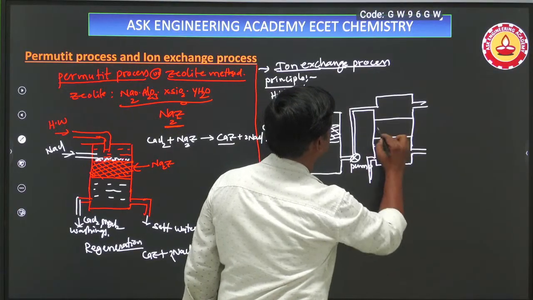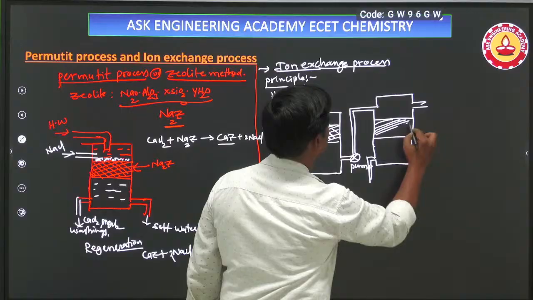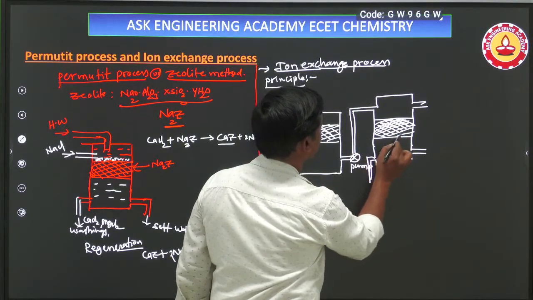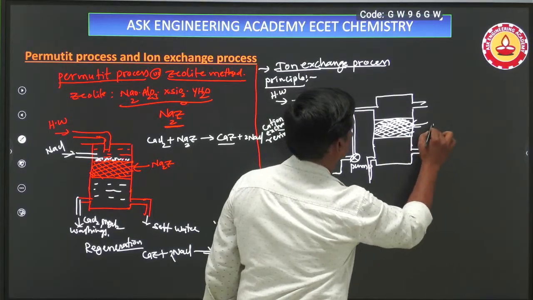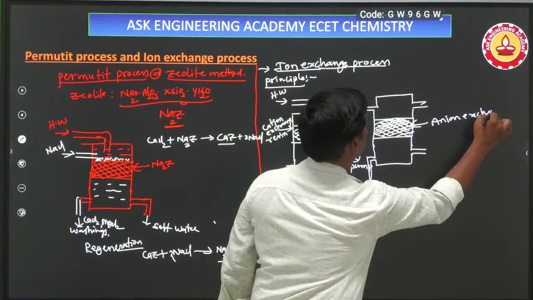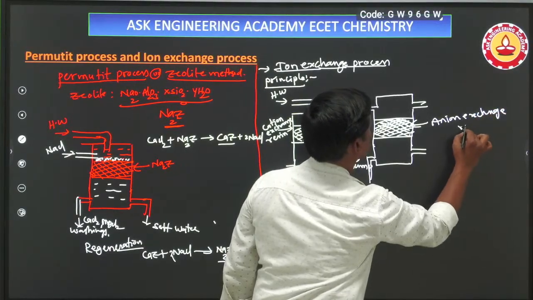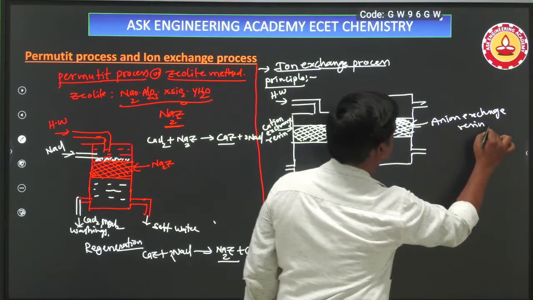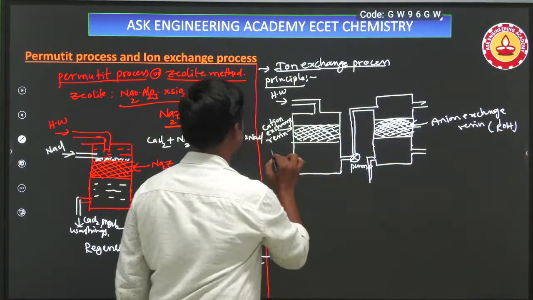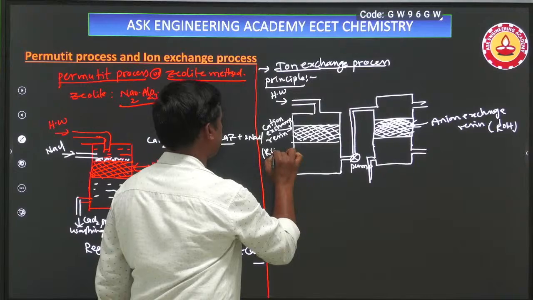This tank contains anion exchange resin. The anion exchange resin formula is R'OH. The cation exchange resin formula is RCOOH.